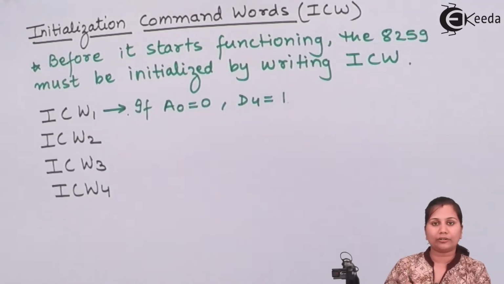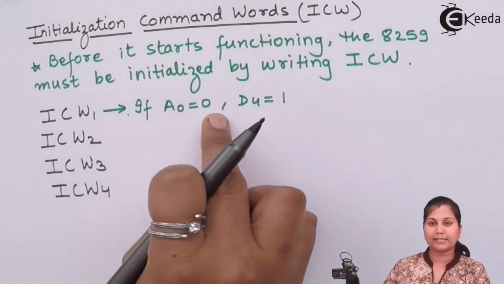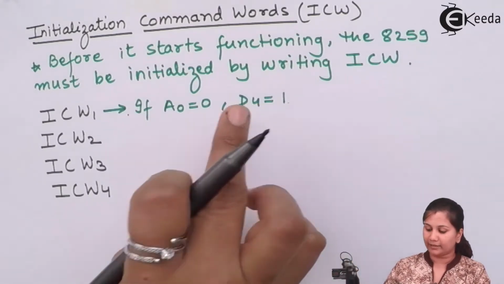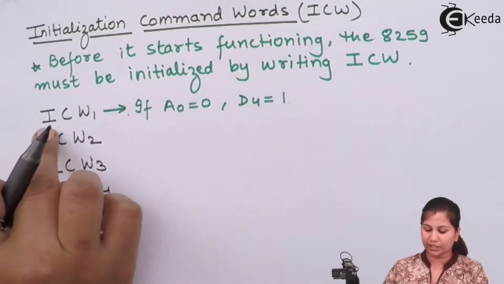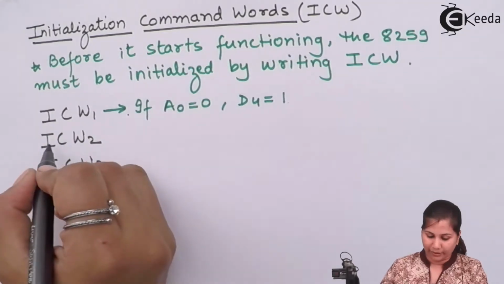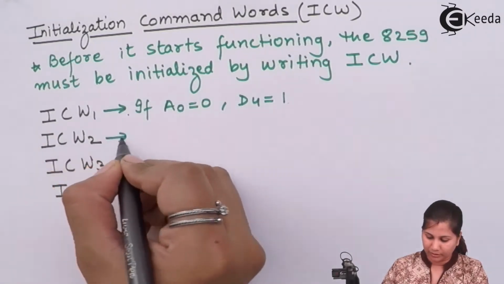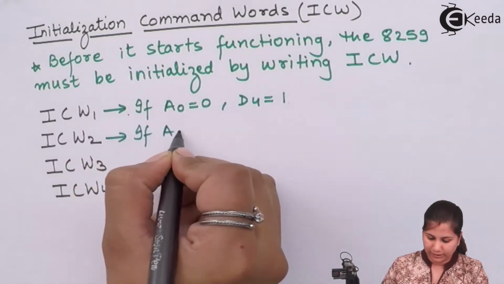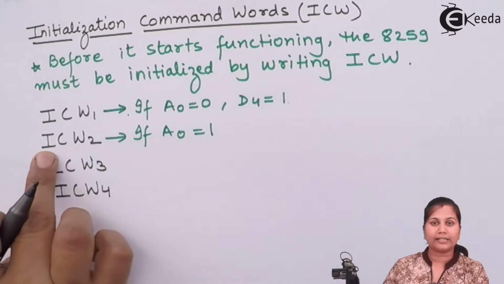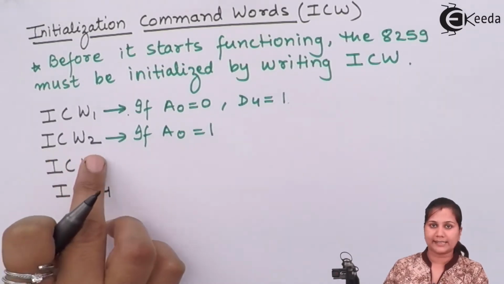So for the control word given by the CPU, if A0 is equal to 0 and the D4 bit is equal to 1, then the control word is the initialization command word first. Now if A0 is equal to 1, then the control word is the initialization command word second.